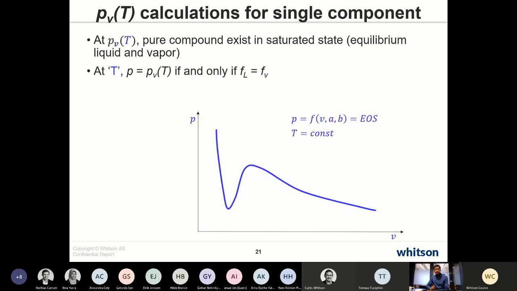The way we can calculate the vapor pressure for a pure compound is that if we plot the pressure versus volume diagram with a cubic equation of state model, it would look like this. This is a continuous function of pressure versus volume, knowing A and B, at constant temperature.